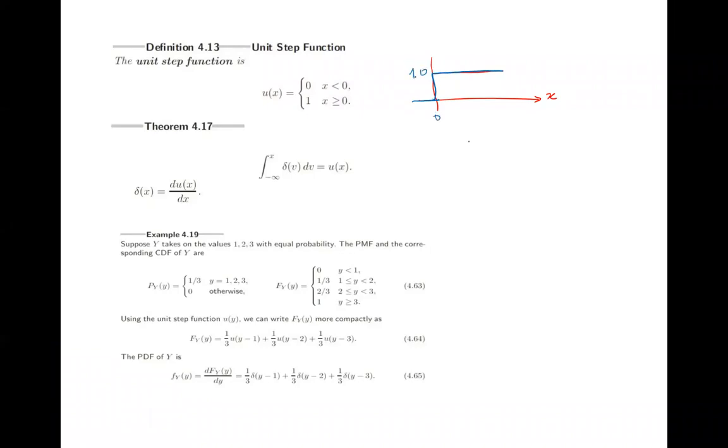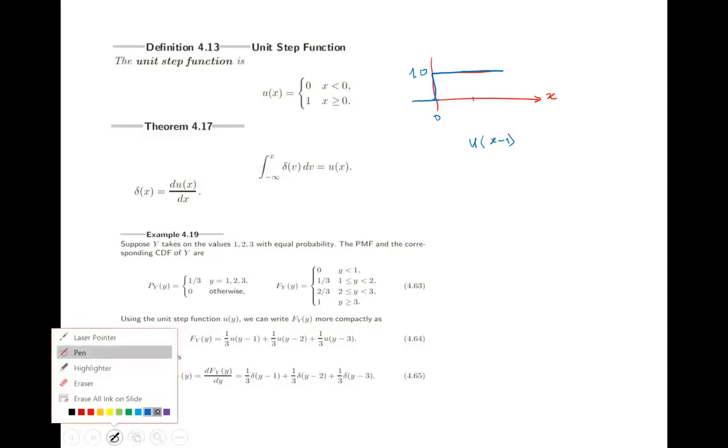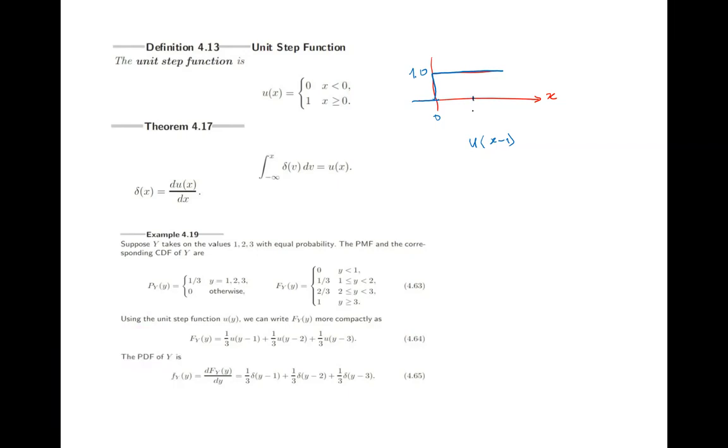So if we, for example, write u of x minus 1, this means that you shift it to the right by 1. So it starts from here. Let's use a different color again. Here is 1. So here it is. Or u of x plus 1, then it is going to start from minus 1.